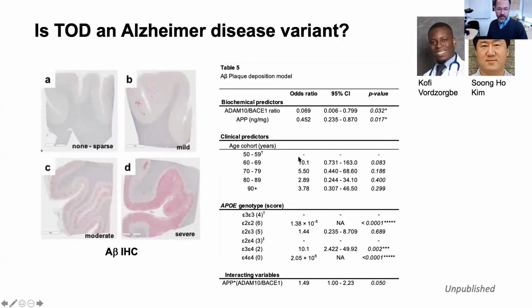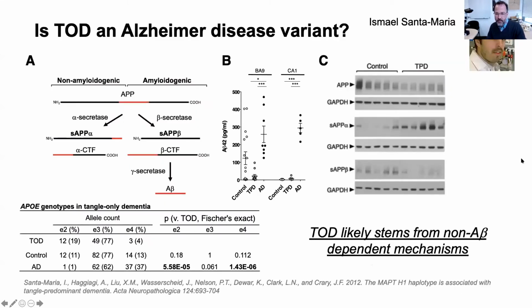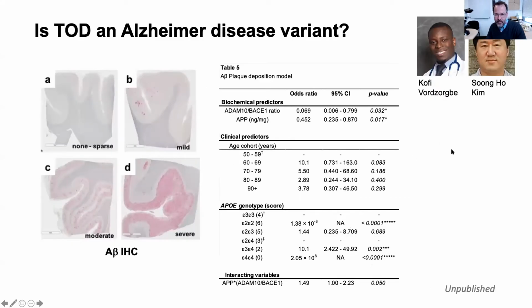Now, one last thing I was going to mention. This work was done by my very first postdoc, Ismael Santamaria, who's now an assistant professor, tenure track at Columbia University. I had an extremely talented master's student who worked with Soon-Ho Kim in my lab, Kofi Zorgby, who's now a medical student, MD PhD actually at Emory.